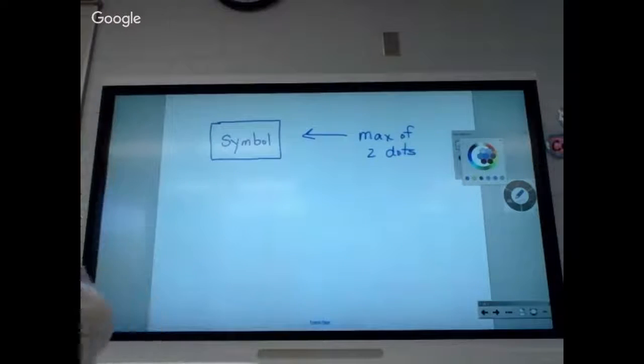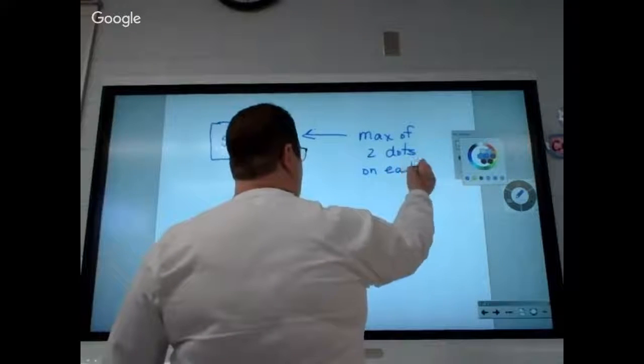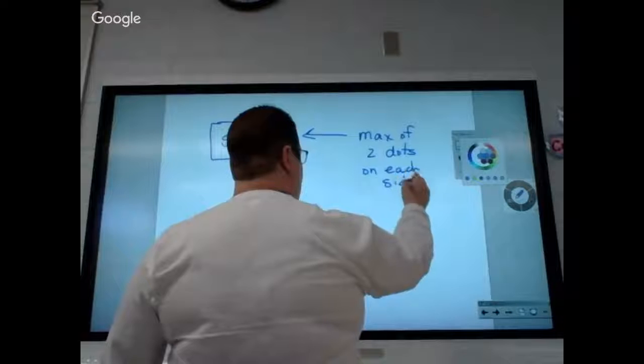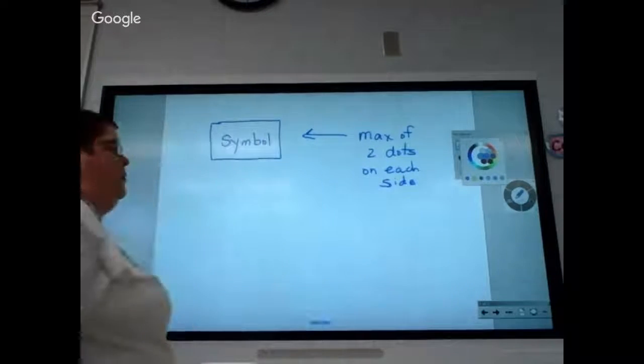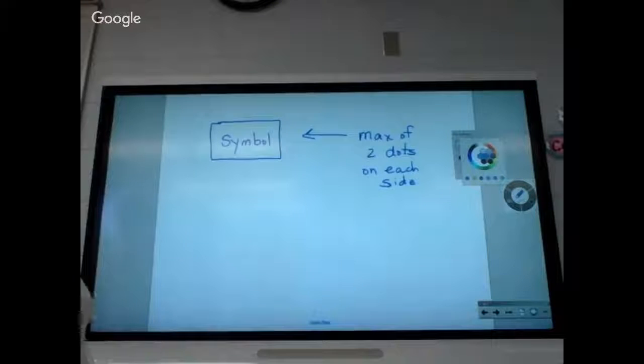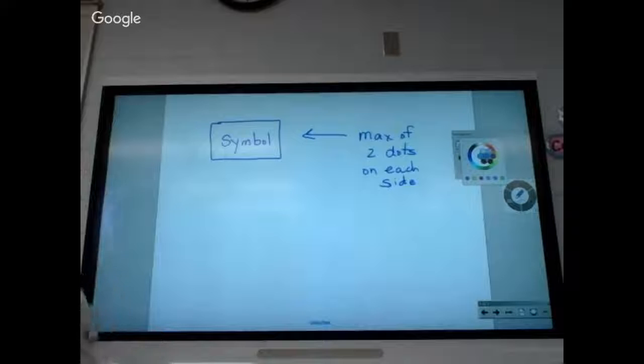So if there's a max of 2 dots on each side, how many total electrons can there be in a dot diagram? 8. So the maximum number of dots we can have is 8.